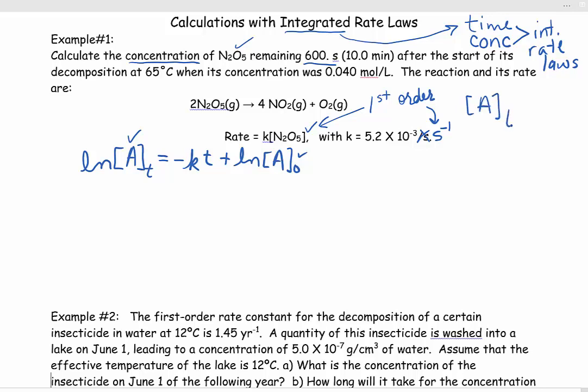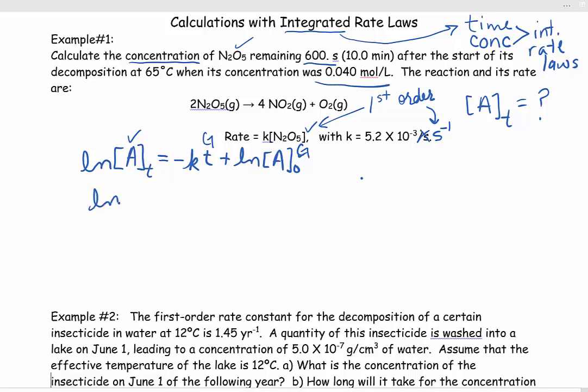We want to know the concentration sometime later on, and we're given the time, so we know that. So this is given. And we're given the initial concentration, so that is also given. So all we need to do is plug in and solve for our missing variable, which is A sub t.